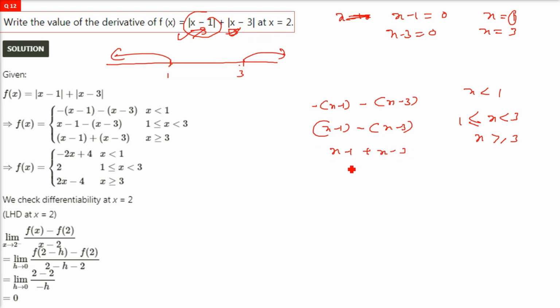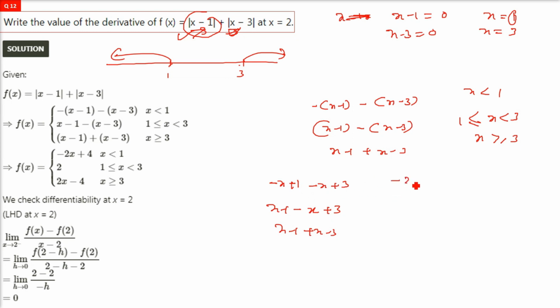Okay. So now let us just solve this, and then we'll use these final functions to actually find out the derivative at x equals 2. So minus x plus 1 minus x plus 3. This is going to be x minus 1 minus x plus 3. x minus 1 plus x minus 3.